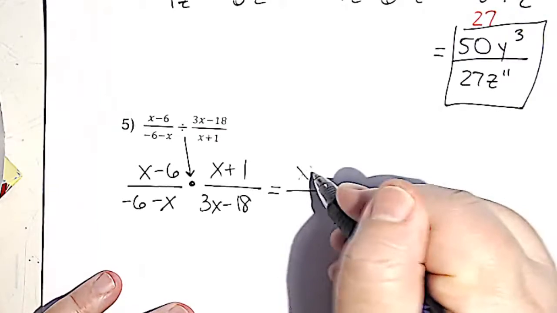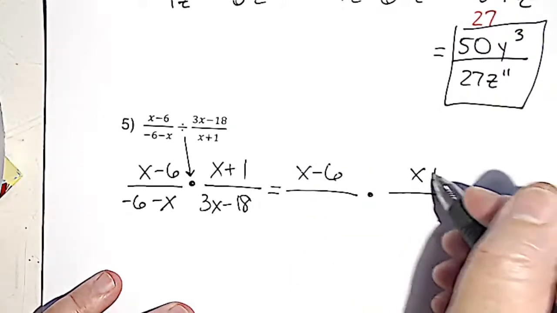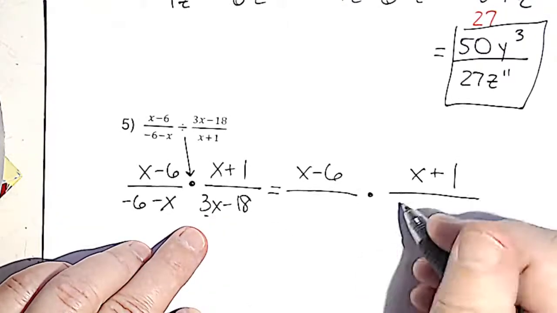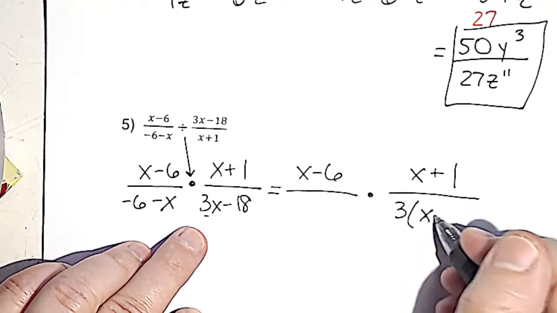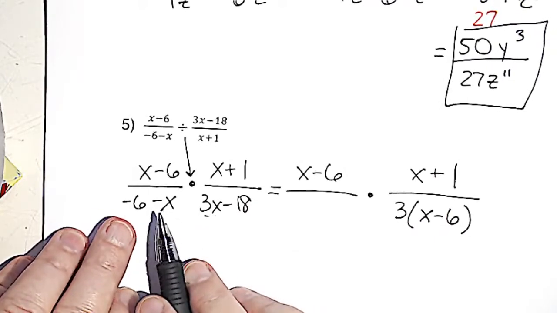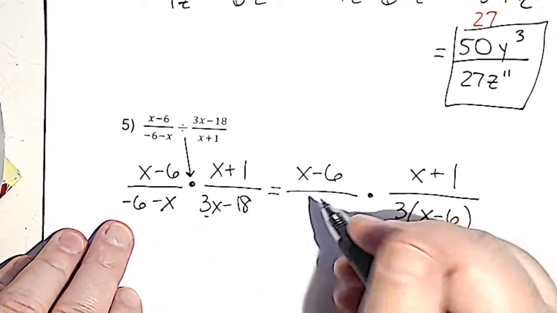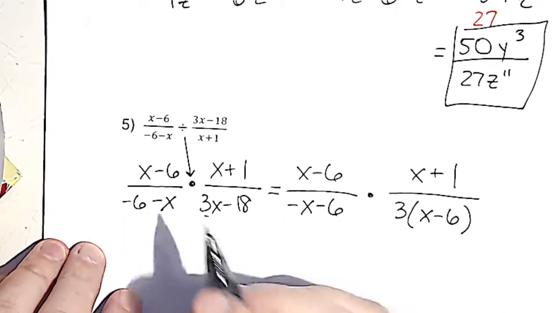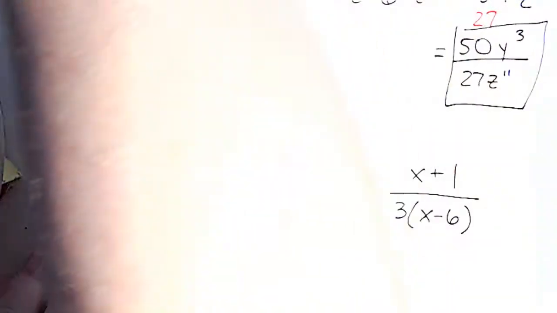So let's see, I've got x minus 6 and x plus 1. Down here in the denominator, 3x minus 18 is 3 times the quantity x minus 6. And then this one is hard to read. So I'm going to rewrite it as the opposite of x minus 6. So I changed the order right there.